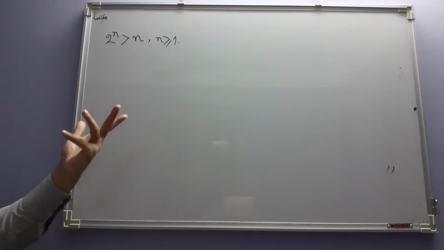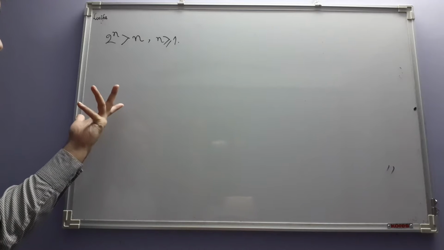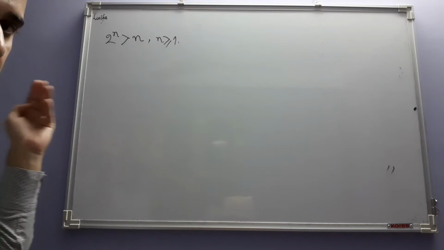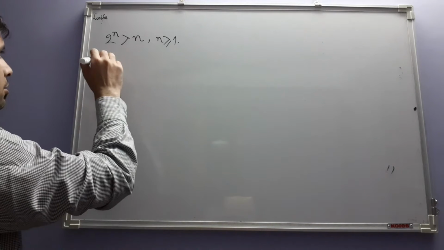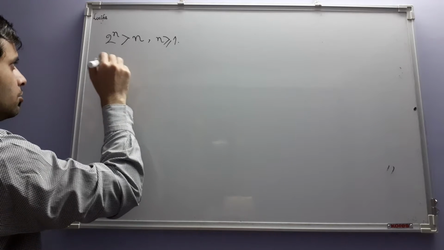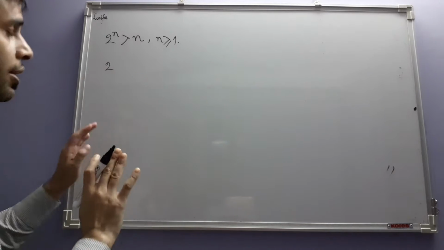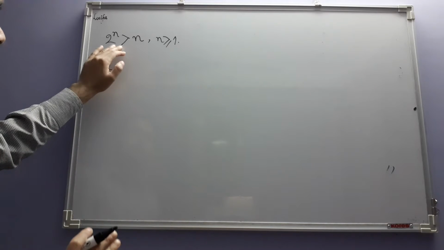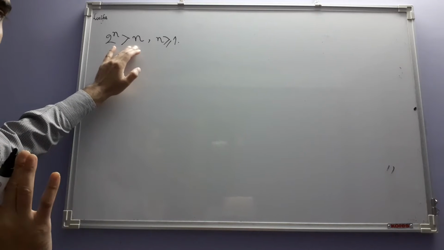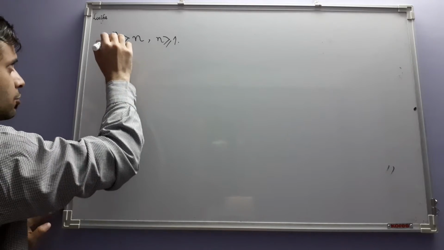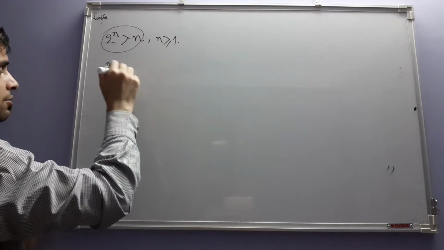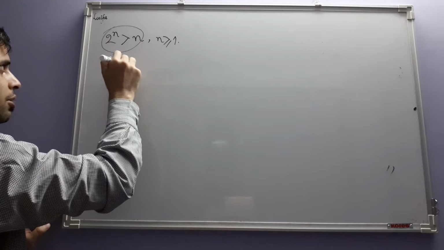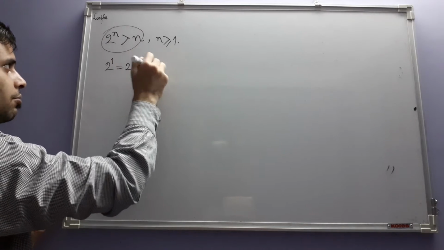Here also we will have a basis, an induction hypothesis, and we will carry out the induction step. So for basis, what do we do? In this case, left hand side and right hand side should not be shown equal because the statement itself is an inequality. We have to show that this is true when n is equal to 1. 2 to the power 1 is 2, which is greater than 1.